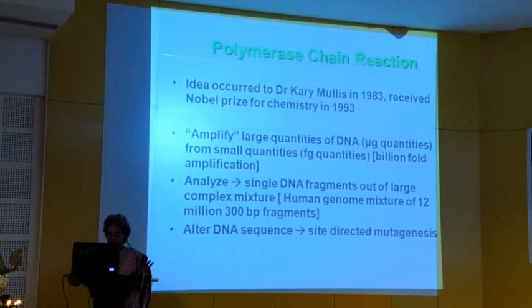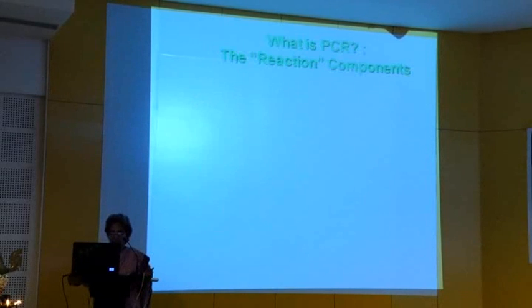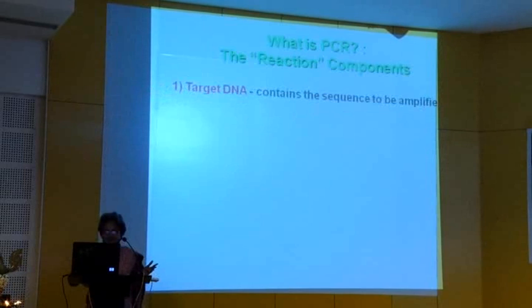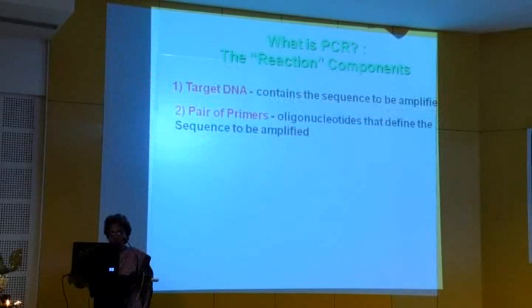Altered DNA sequence and site-directed mutagenesis is one of the applications of it. What is PCR? The reaction components: target DNA contains the sequence to be amplified, and you have the pair of primers, that is the forward primer and the reverse primer, oligonucleotides that define the sequence to be amplified.